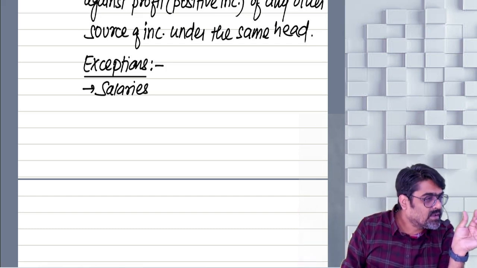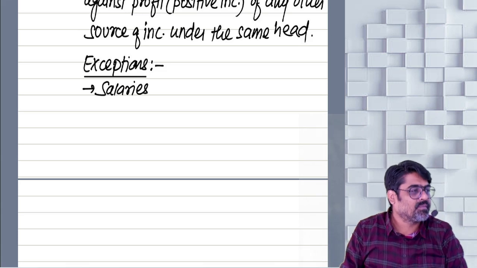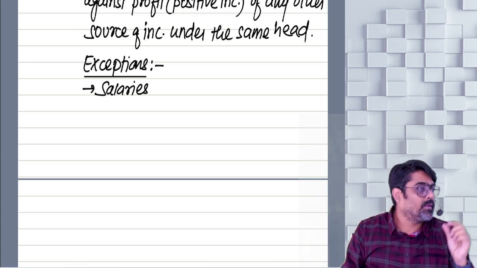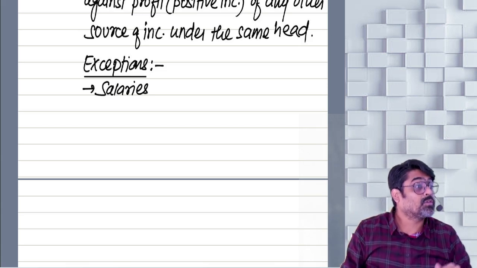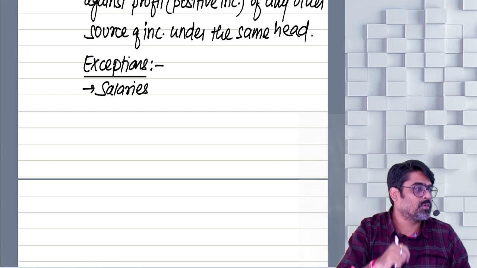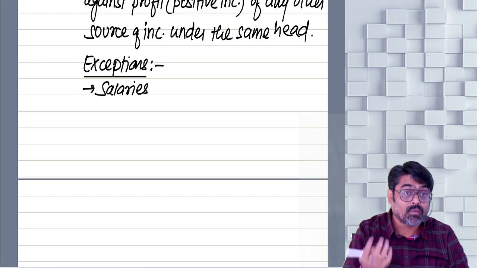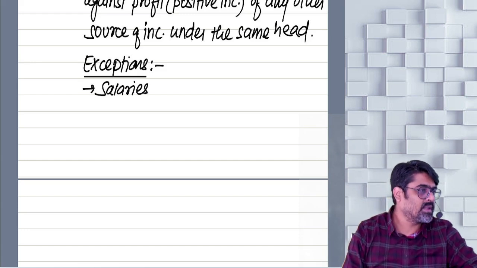Standard deduction 50,000, or 75,000 if following 115BAC. Entertainment allowance, maximum 5,000, and that too only if you are a government employee and not following 115BAC.